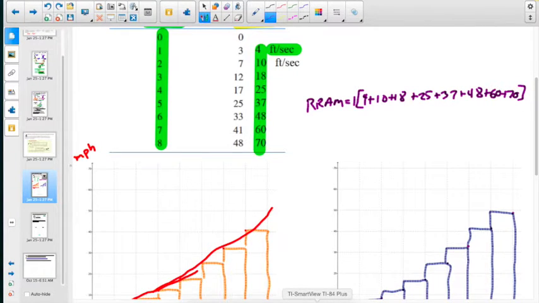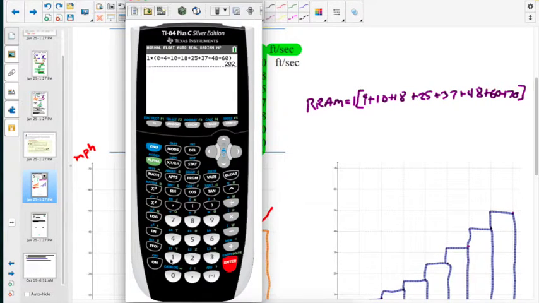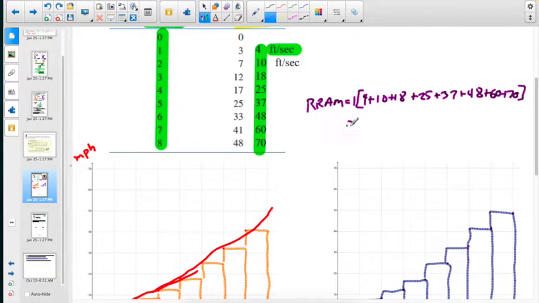And so that's our right RAM. So calculating that, we've got 1 times the quantity, 4 plus 10 plus 18 plus 25 plus 37 plus 48 plus 60 plus 70. And so that right RAM ends up being 272.